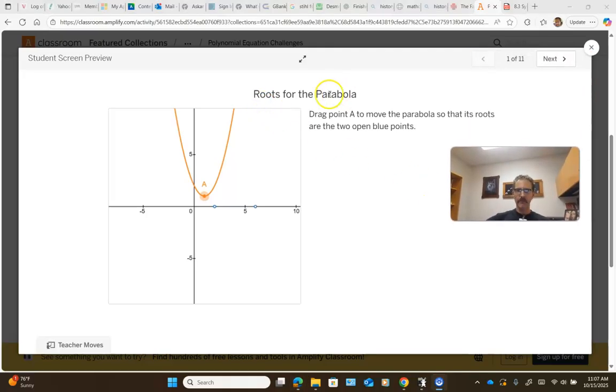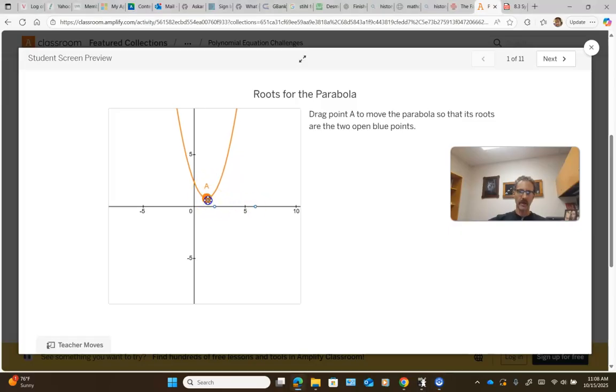Okay. So the roots for the parabola, a root is just another name for a 0 or an x-intercept. So it says drag point A to move the parabola such that its roots are the two open blue dots. Okay, right here.